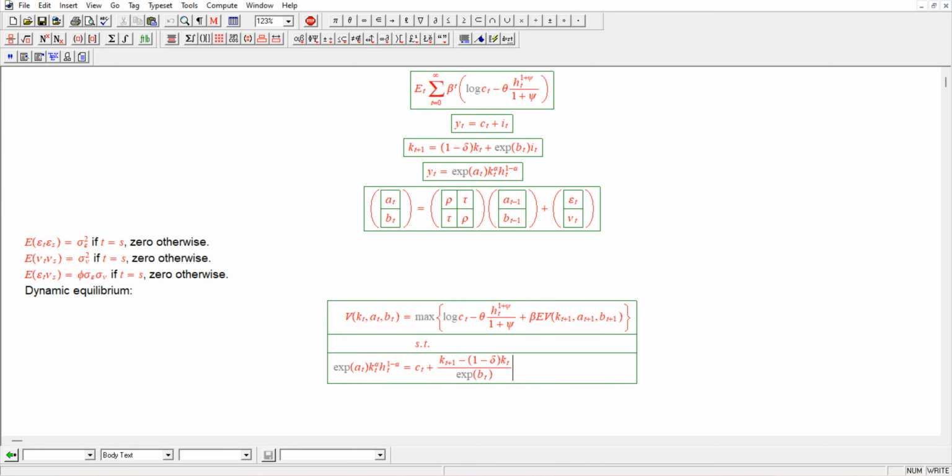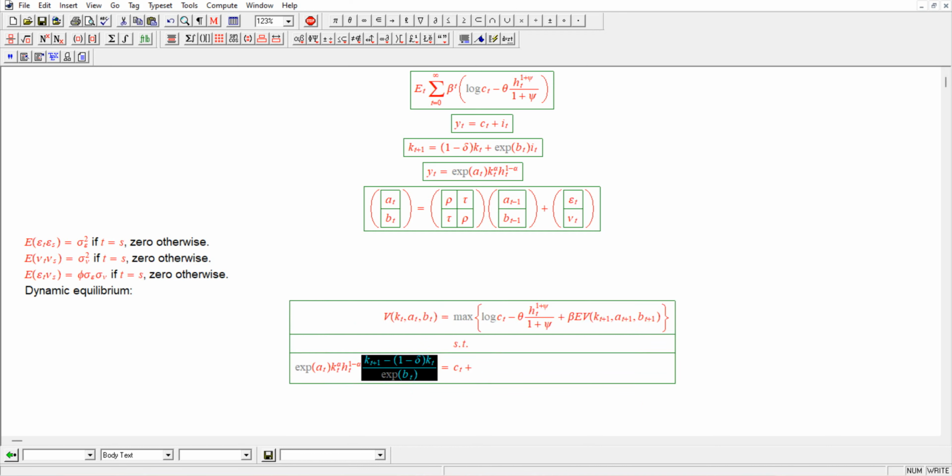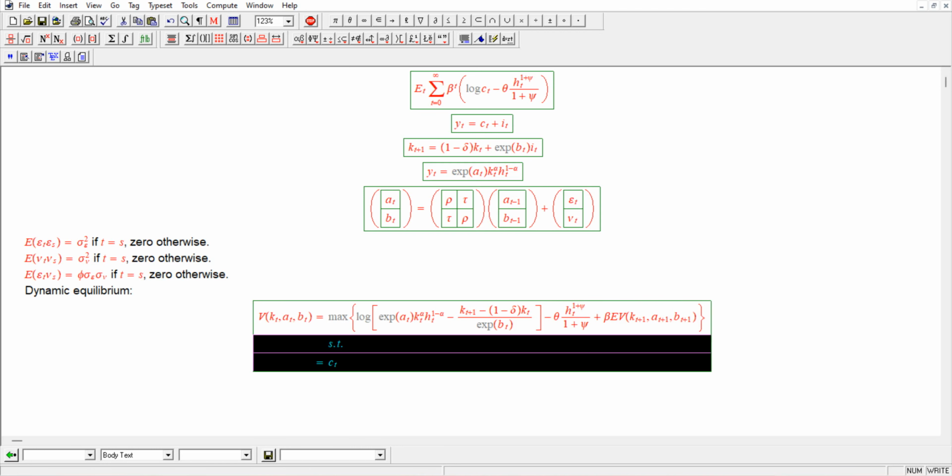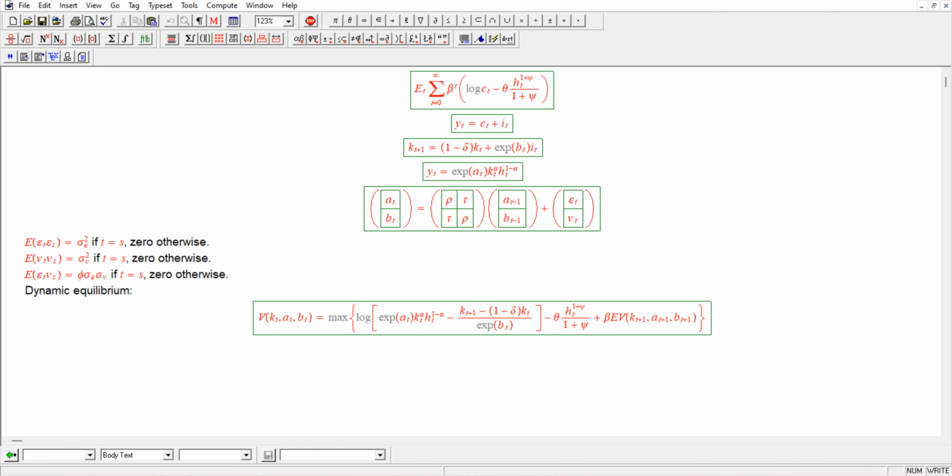Having done that, we can subtract this from both sides, and we now have an expression for consumption which we can substitute in here, giving us our value function. Now all we need to do is use it to take first order conditions with respect to the remaining variables. Hours worked H and future capital K t plus 1.